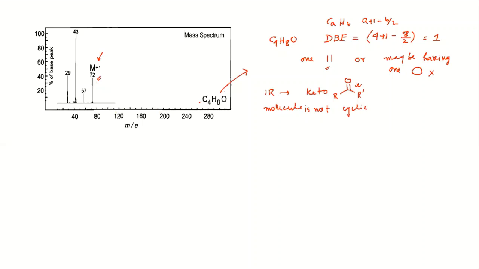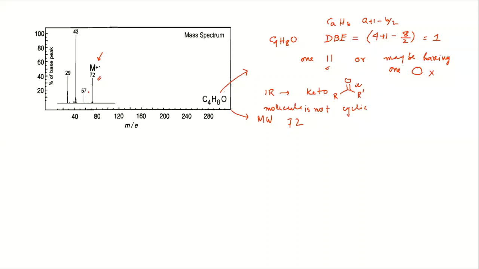Here the molecular formula is given, so you can calculate the molecular weight. C4H8O is 12 into 4 plus 8 plus 16, that is 72.